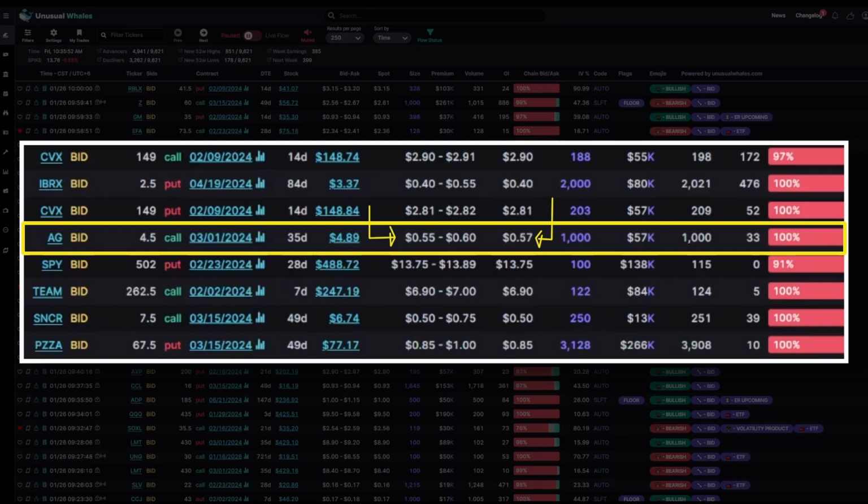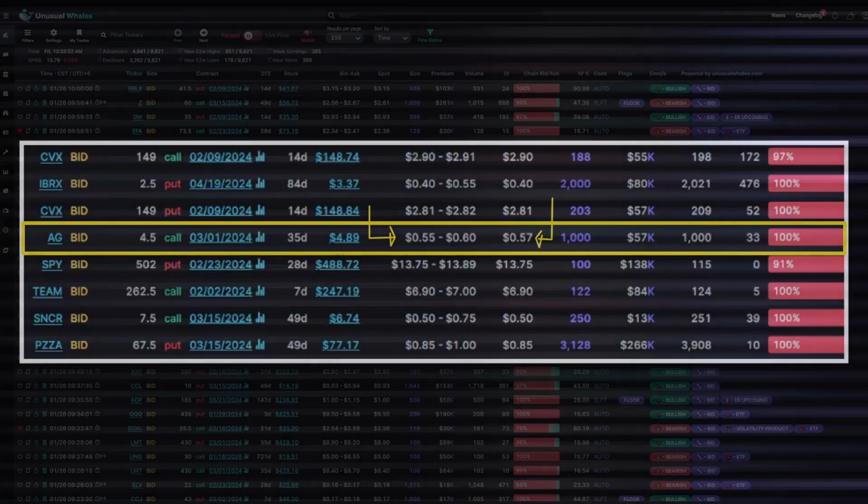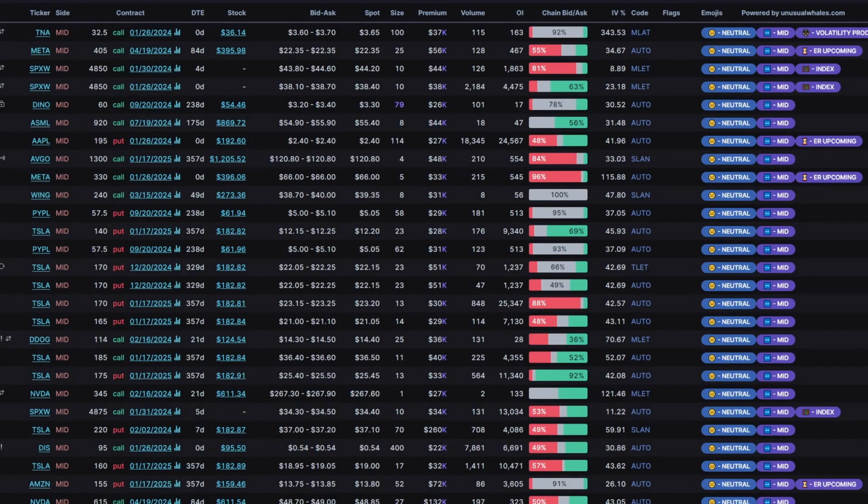Mid-fills don't give us much to go on. As I mentioned, there's no guarantee of a buy or a sell, just a higher likelihood based on the fill price within the bid and the ask. With a mid-fill, that likelihood, one way or the other, becomes a bit of an either-way situation where we can't really form a bias whether it's bought or sold.